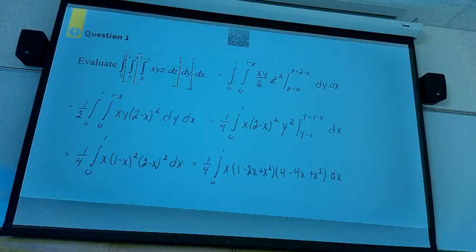Look for the x cubes. There should only be 2 terms for that, right? Minus 2x cubed, minus 4x cubed, minus 6x cubed, times x, minus 6x to the 4th, and then plus x to the 5th, right?